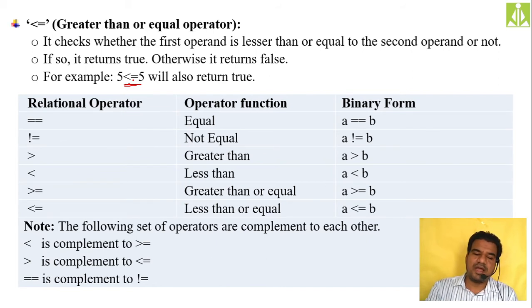Whatever value you get with the less than operation, you will get exactly the opposite value with greater than or equals to. The complement of the greater than symbol is less than or equals to. The complement of the double equals to symbol is not equals to.